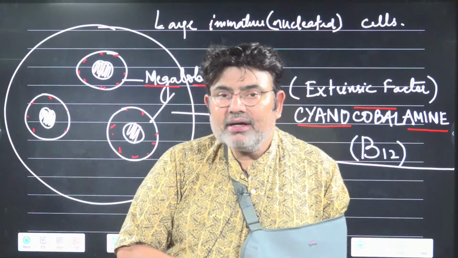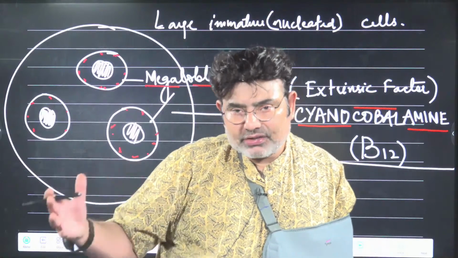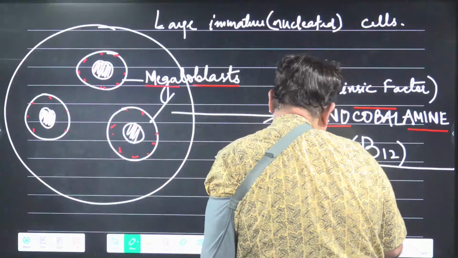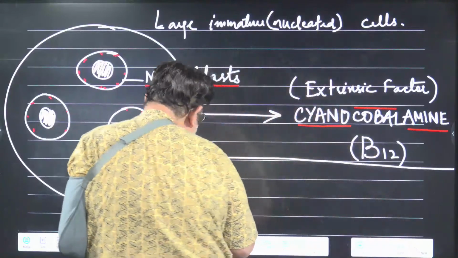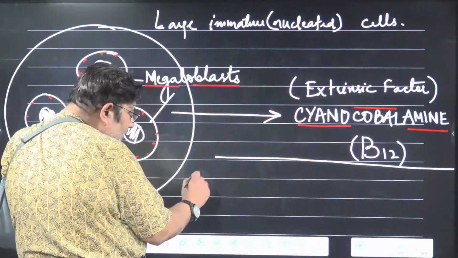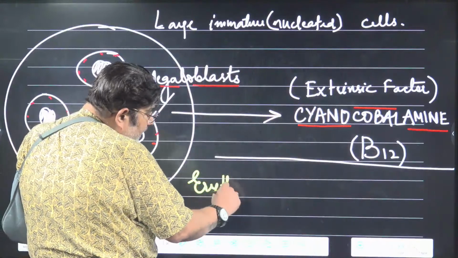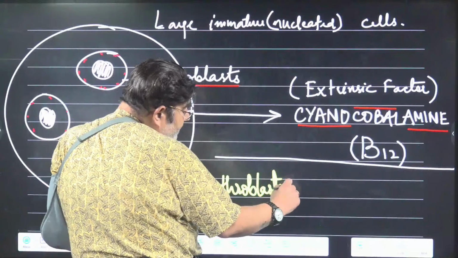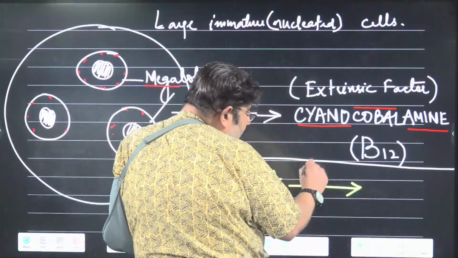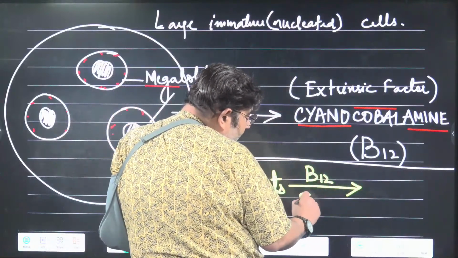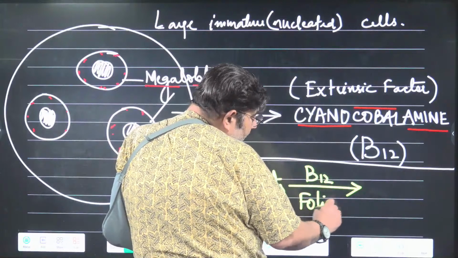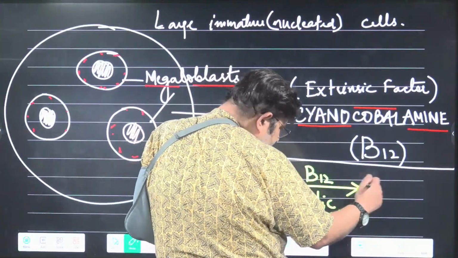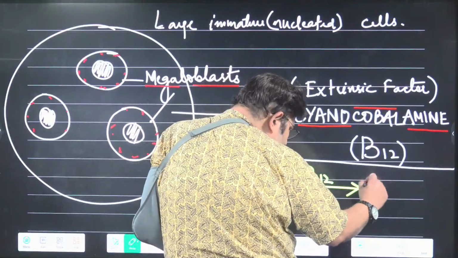In this anemia, the RBCs are larger cells, immature cells that don't become mature. Here you can learn that the immature RBCs, also called erythroblasts, in the presence of vitamin B12 and another vitamin called folic acid, become erythrocytes.